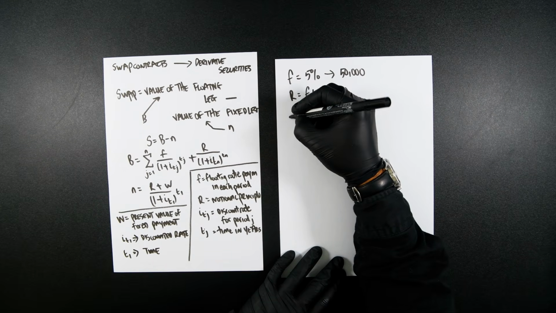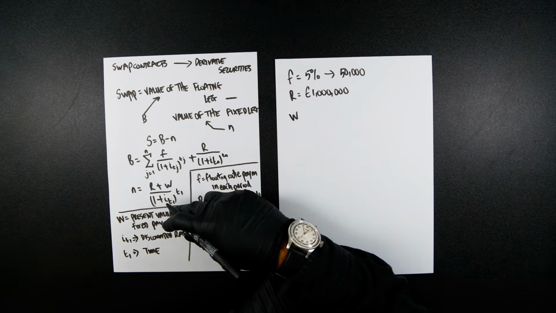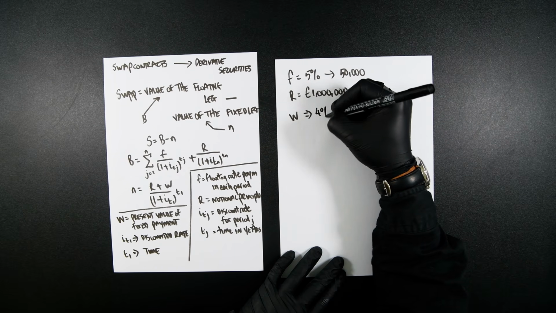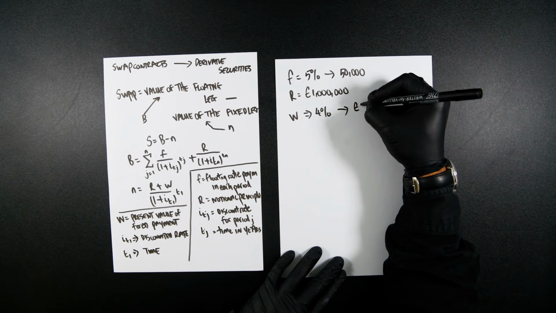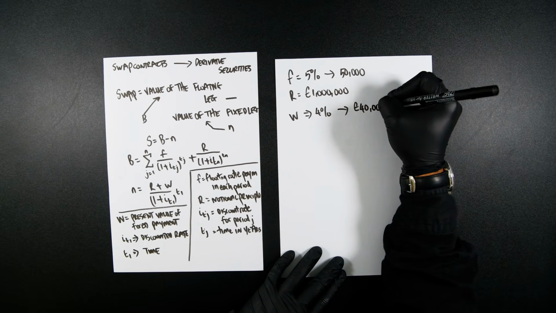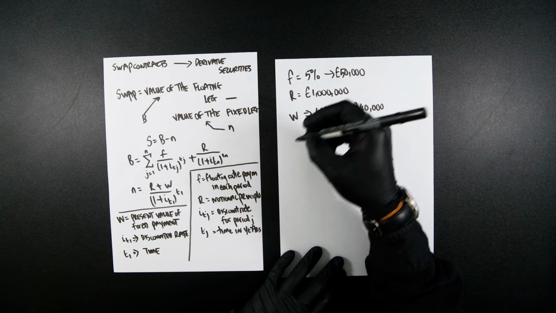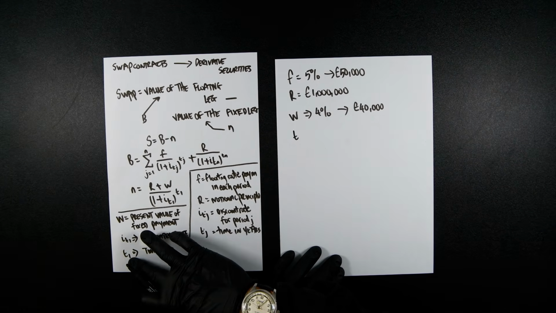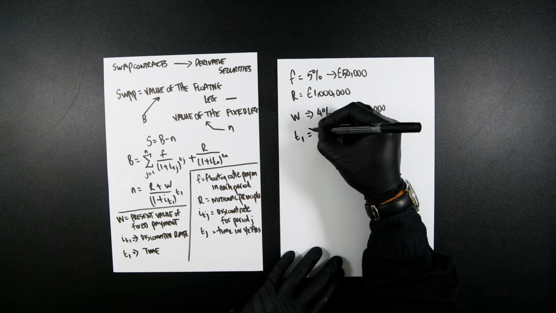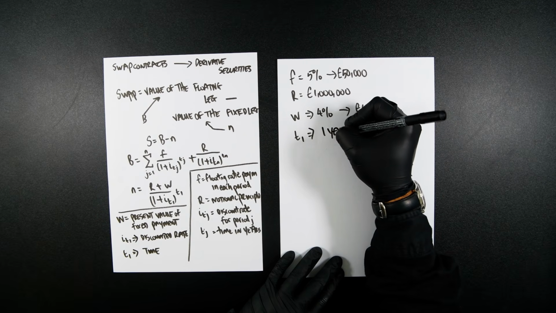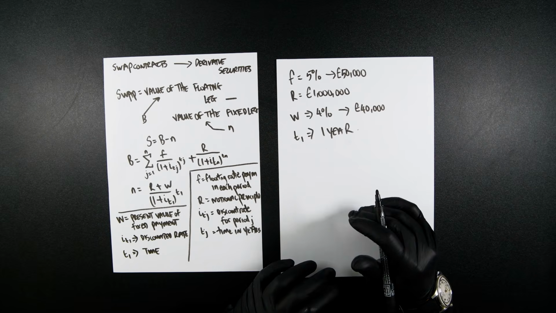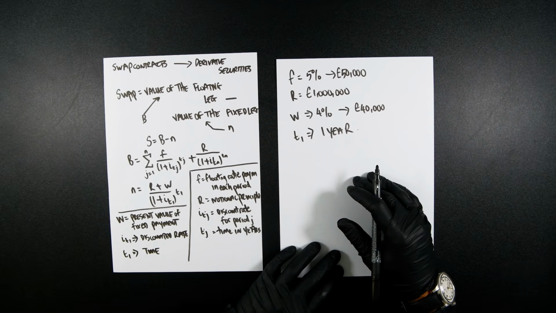Let's take the W as the present value. We're going to take that as 4%, which would be 40,000. T, we've already put a 1 here, so we're going to make that 1 year. And we should have everything we need to begin substituting into the equation.